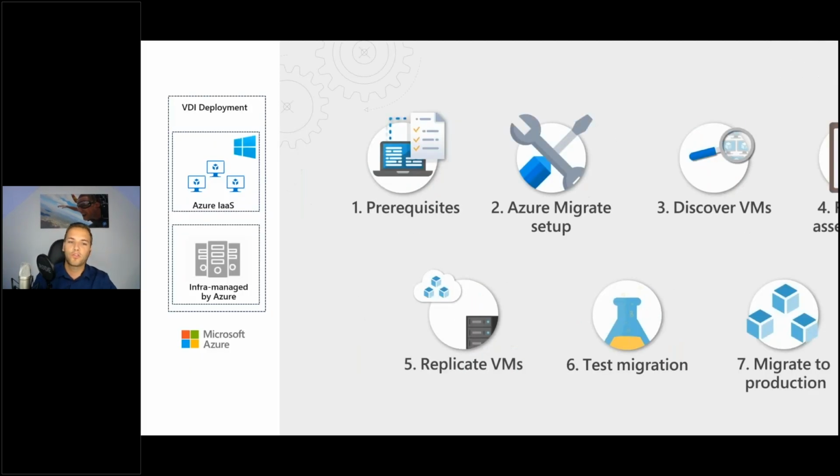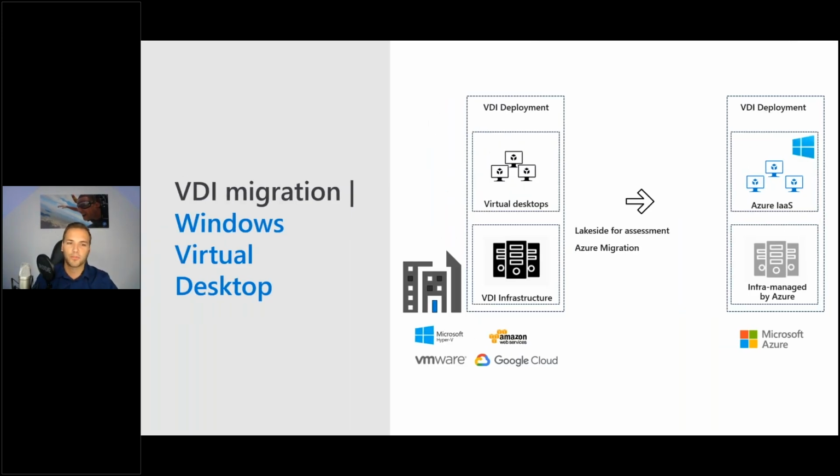So how does that look from a high-level architecture point of view? This is a picture that shows how Azure Migrate works in conjunction with our assessment partner Lakeside. Lakeside is an ISV that does monitoring and assessments on virtual desktop infrastructures, and we have them as a great partner that integrates inside our Azure Migrate solution.